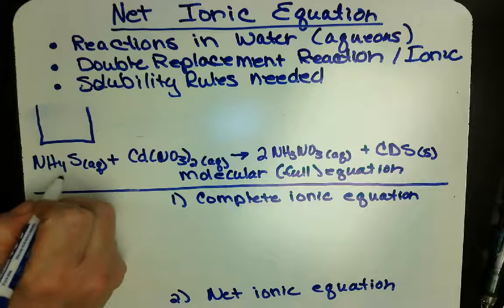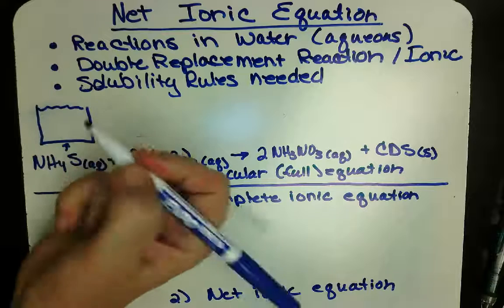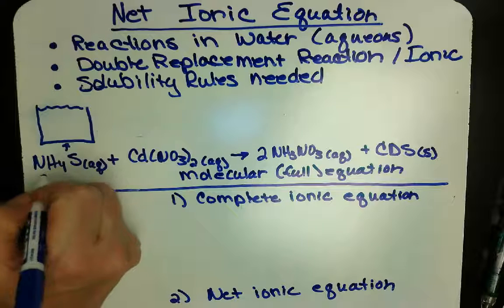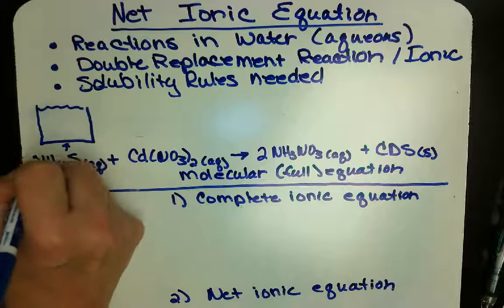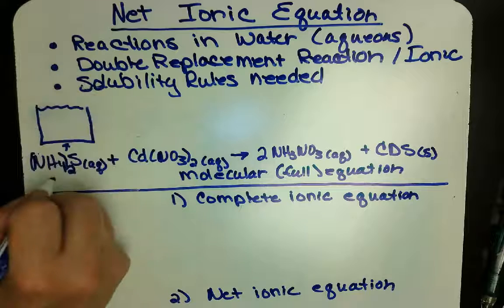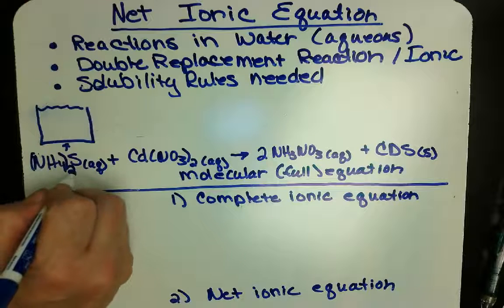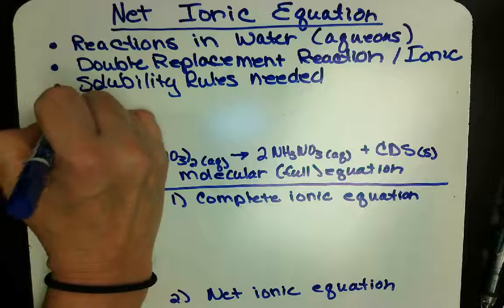Our first thing is ammonium sulfide. So what happens when I put that in water? Well, I have an ammonium, and there's two of them, and a sulfur. So if I have two ammoniums and one sulfide ion, they're going to break up into their ions just that way.